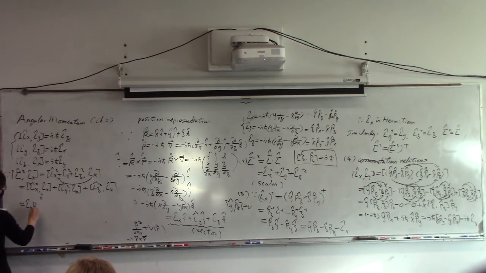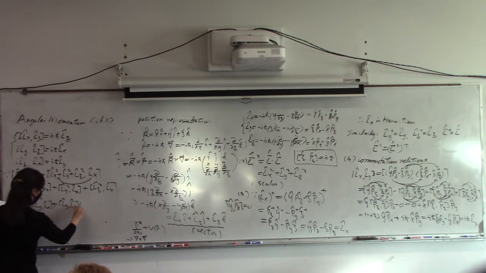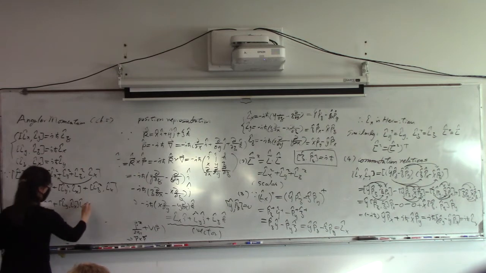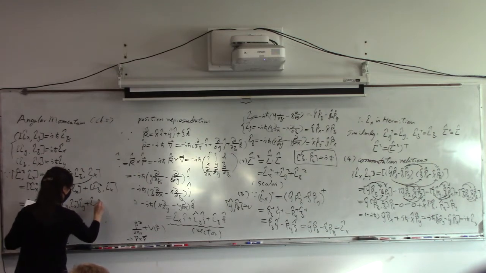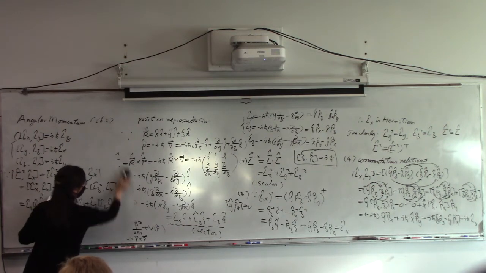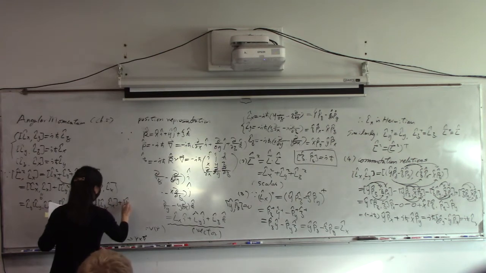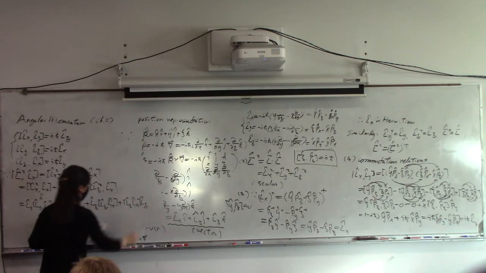I take Ly outside, and Ly with Lx, plus the other found one. And in the same way for Lz: Lz squared with Lx, Lz with Lx, then plus Lz with Lx, Lz.